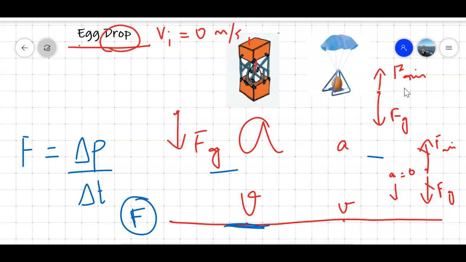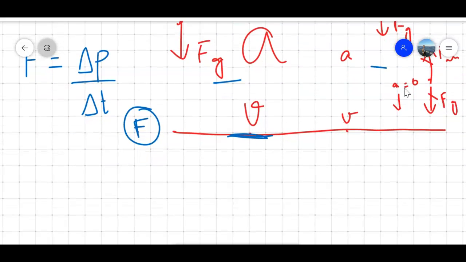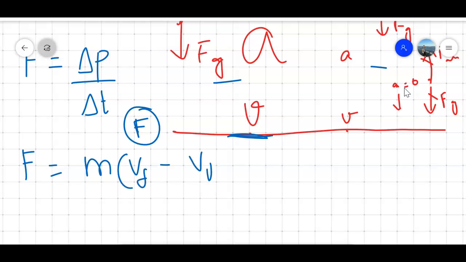And we know that impulse can be expanded as mass times final velocity minus initial velocity, divided by time. So this is just for impact.